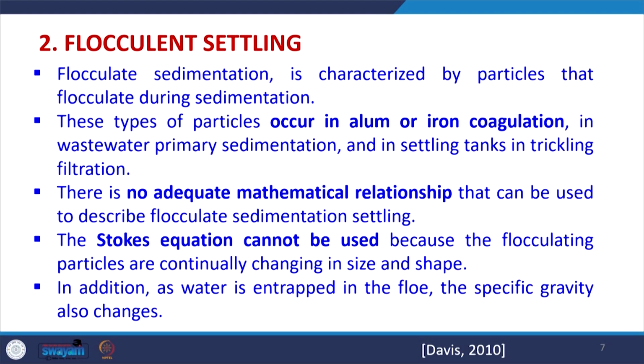Up till now what we have done is that we have studied only the discrete settling condition. Then there are other settling conditions like flocculent settling, then we have hindered settling, as well as compression settling. Now, we have to design the systems for these conditions also.